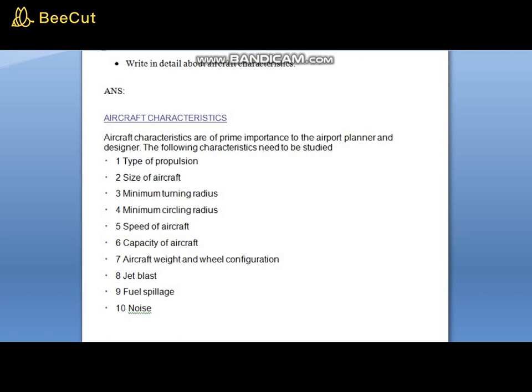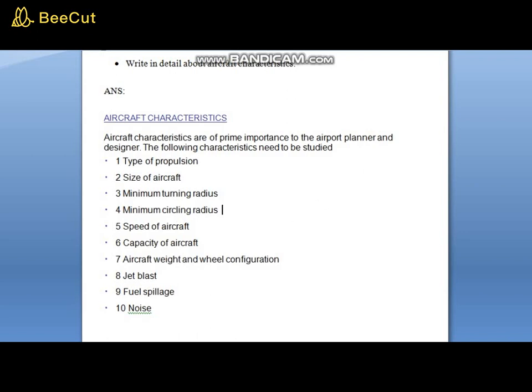Then minimum turning radius, minimum circling radius, speed of aircraft, capacity of aircraft, aircraft weight and wheel configuration, jet blast, fuel spillage and noise. These are the important aircraft characteristics.